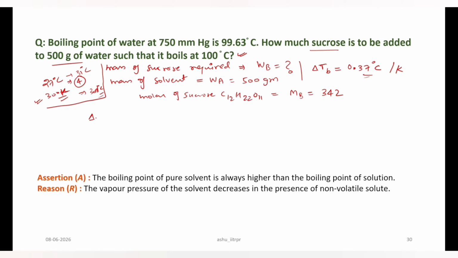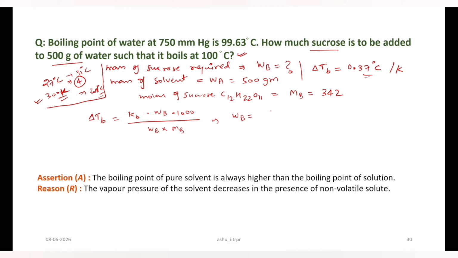So we know the formula: delta TB is KB into WB into 1000 divided by WA into MB. Because we have to calculate WB, rearrange this formula with respect to WB.